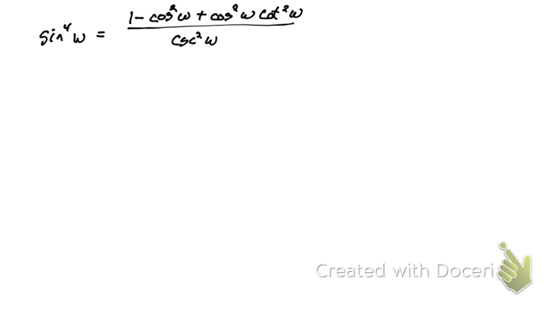Mark, forget about that. We're going to treat it as if it's just going to hang out in front all by itself. We're not doing anything with that 1 minus. Just forget about it for a second. Just focus on this thing. In fact, I'm going to make it disappear. It's gone. So now I'm going to look at the fact that we have cosine W and cosine squared W there.